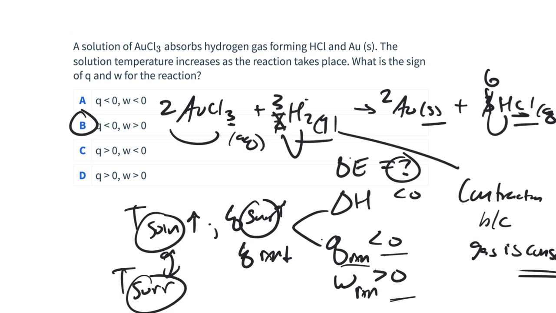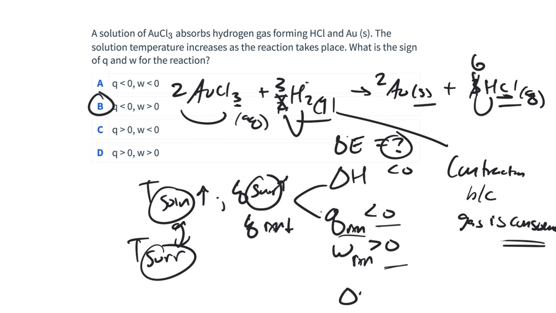So we want to sum up the Q and the W. And only if we know both of the signs are positive or negative do we know the sign of delta E. And so if I know Q is negative and W is positive in sign, delta E could be negative or positive. I don't know. So delta E, if we were asked for its sign here, the answer would be we don't have enough information to determine the sign of delta E, because it's a sum of a negative and a positive number.